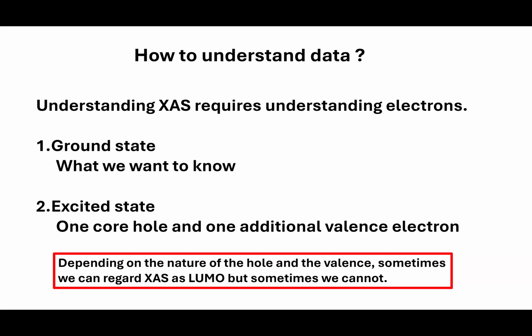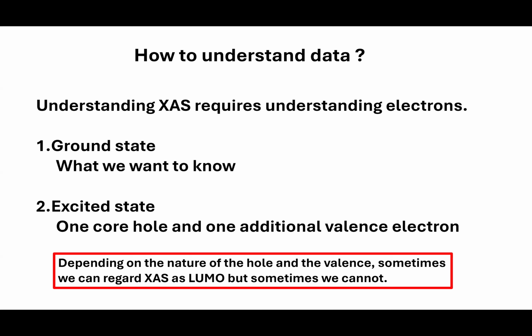As I mentioned, this absorption process really involves two states. One is the ground state, right? The original electronic structure our material had. The other is the excited state, which contains both a core hole and also an additional electron in the valence, actually in the LUMO area, right? In the LUMO.